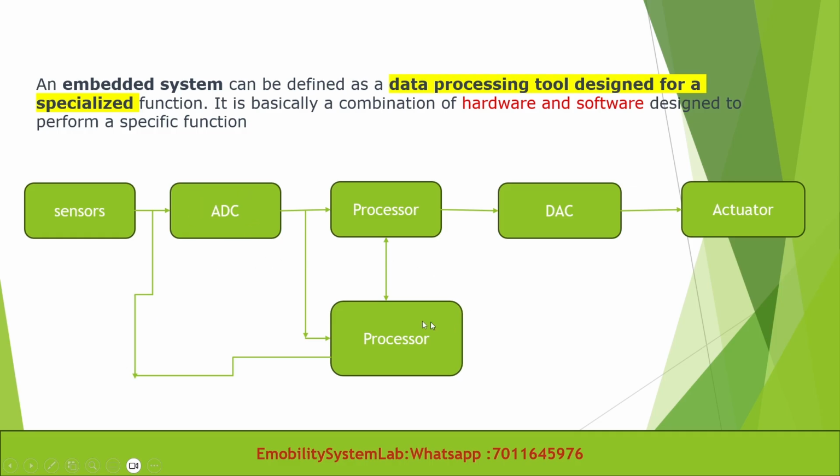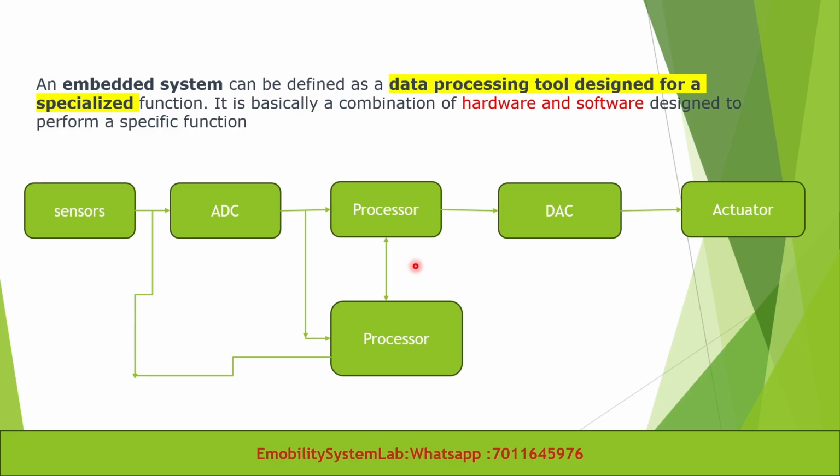There are two things in a microcontroller: analog to digital conversion and digital to analog conversion. The sensors read analog signals and send them to the ADC, and the ADC converts the analog signals into digital signals. The digital signal is sent to the processor. The processor understands the digital signal and executes the instructions of the firmware that you have already put inside the processor.